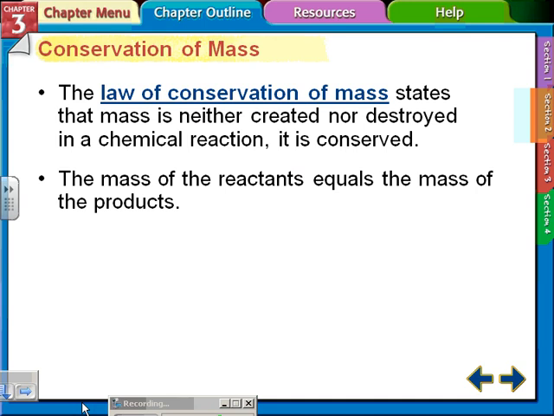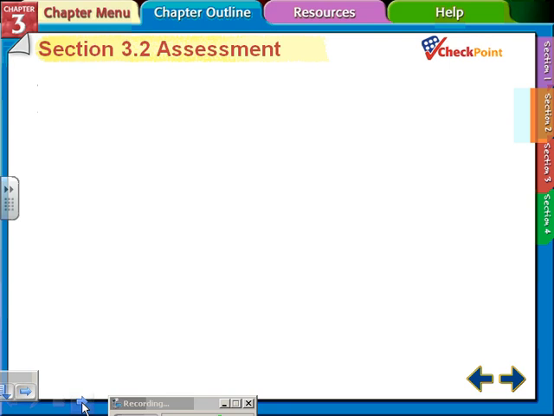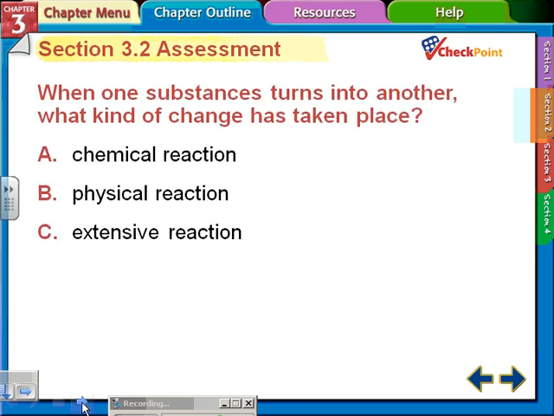So therefore, during a chemical reaction, the mass of the reactants equals the mass of the products. So if we have 2 carbons in the reactants, we have to have 2 carbons in the product somewhere. They just may not be attached to the same elements in a compound. All right, something to think about. When one substance turns into another, what kind of change has taken place?